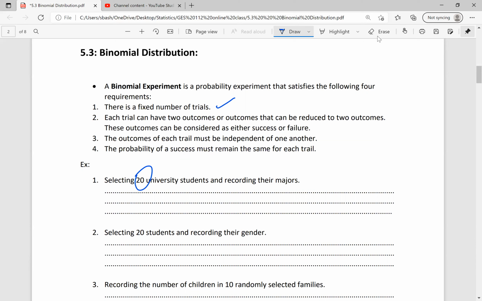So we can see that we have more than two outcomes, and these can't be reduced into two outcomes. So this one is not a binomial experiment because the outcomes are not two and can't be reduced to two outcomes.